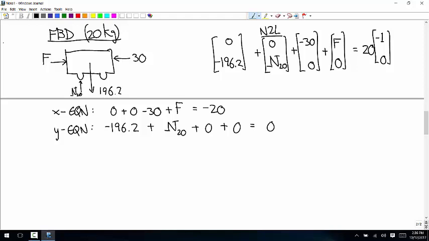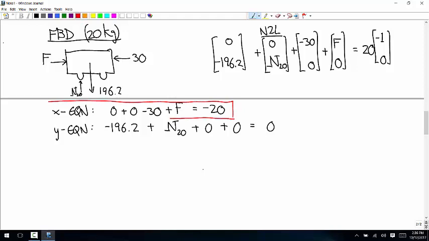Okay, so what we're trying to find is the force vector. That's this one here, F, 0. And we'll know what that force vector is as soon as we know what that variable F is to plug in there. We only care about the equation that's going to let us calculate F. The other one, if we were trying to find that normal force N20, then that would be useful, but we just don't happen to be trying to find that.